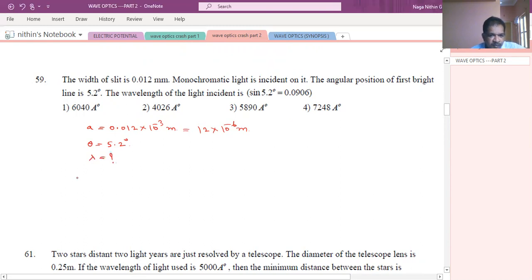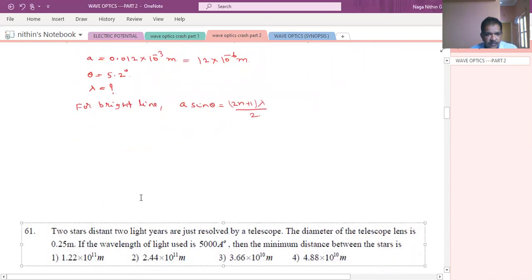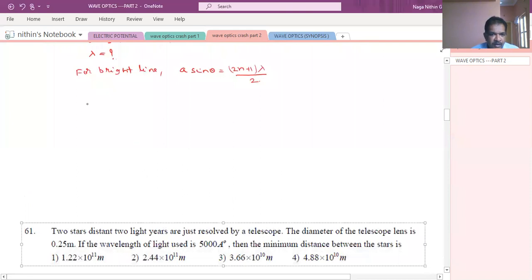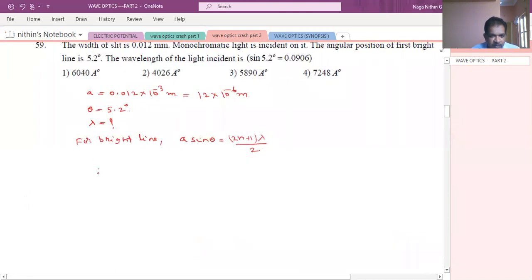Okay, so for bright line, a sin theta is equal to (2n plus 1) into lambda by 2. So here we have to find lambda, remaining all values we know. a value 12 into 10 power minus 6, sin 5.2 degrees, equal to (2 into 1 plus 1) for first bright line, lambda by 2.